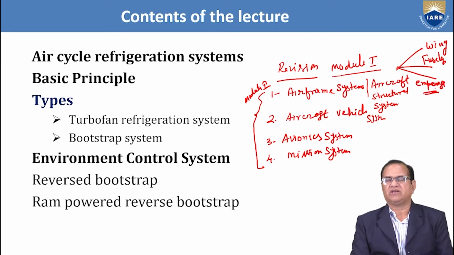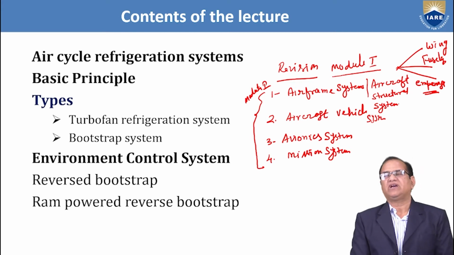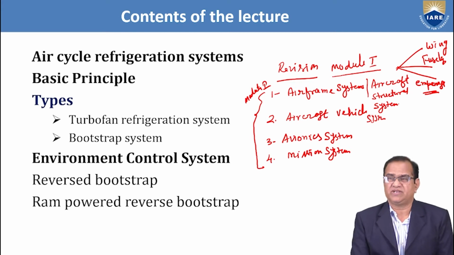The wing consists of a number of things like longerons, stringers, bulkheads, aerofoil, and so on.